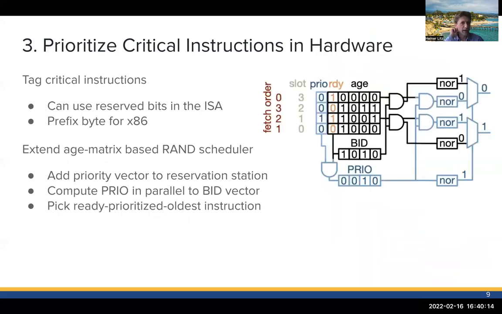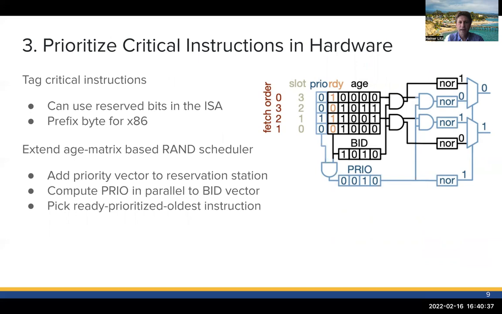Lastly, we recompile this application by tagging each one with a new instruction prefix, which ISAs such as x86 support. We just define a new prefix that we can append to every instruction that should be regarded as critical.